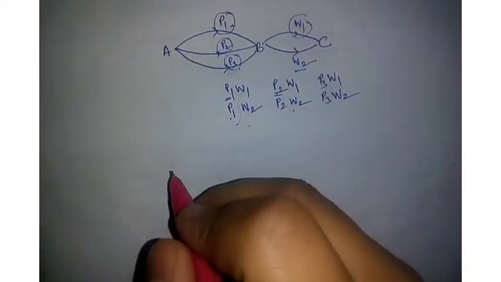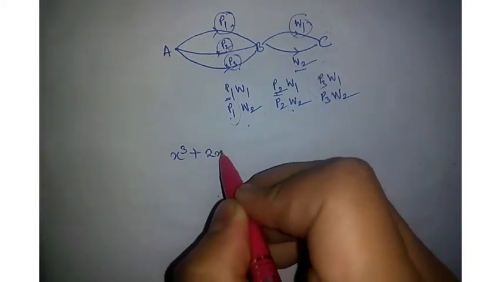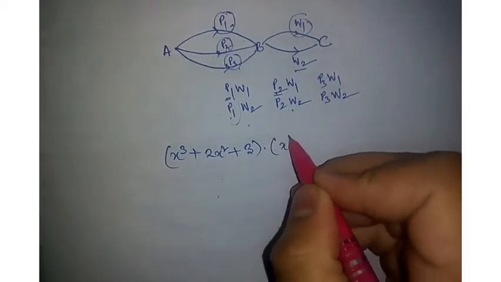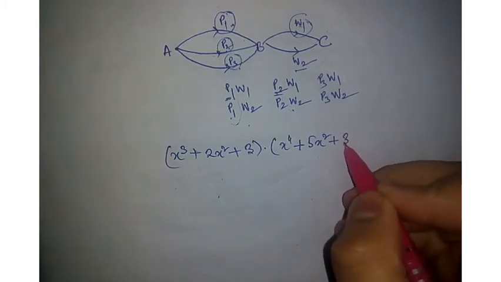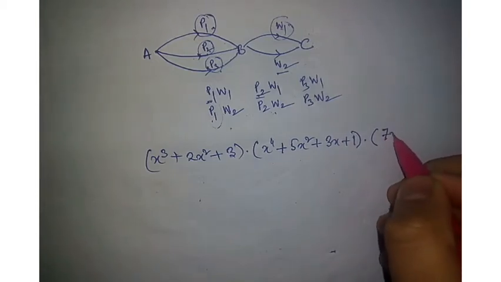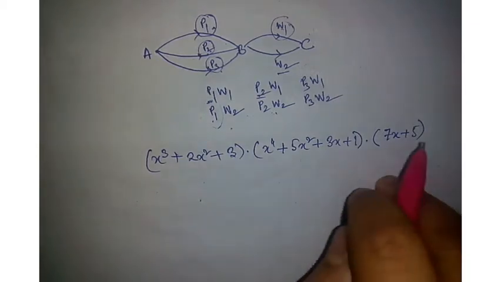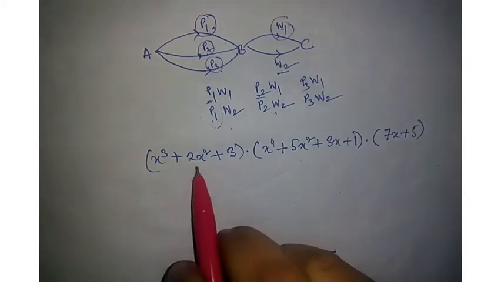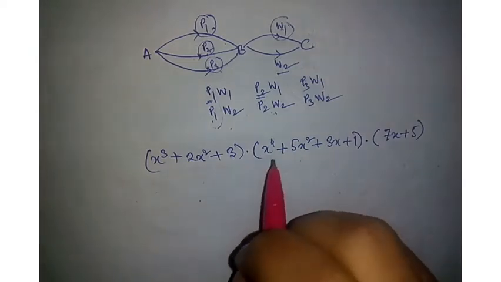For example, I want to take x cube plus 2x square plus 3, multiplied by x to the power 4 plus 5x square plus 3x plus 1, multiplied by 7x plus 5. So I want to find each of the terms in this expansion. See, all of them are plus signs. So once I find the terms and just add them up, I will get the resultant product.